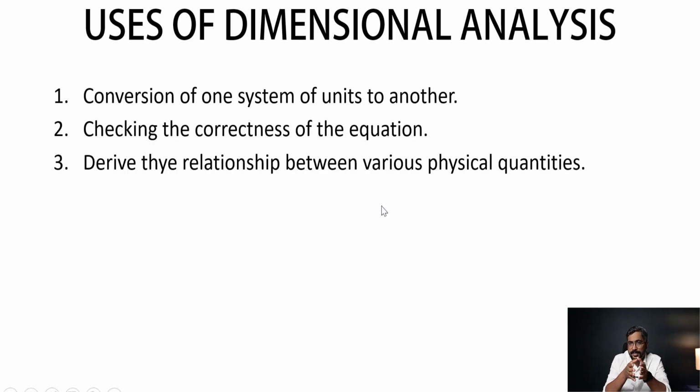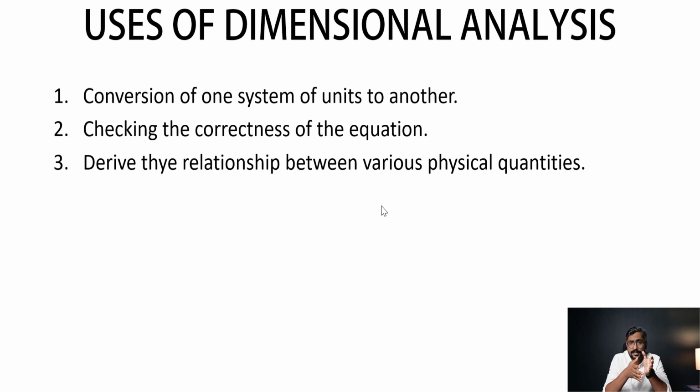There are mainly three uses for dimension analysis, and the first and foremost use is conversion of one system of units to another system of units. We know that various systems of units are there in physics and measurements. For example, the MKS system is one system of units and the CGS system is another.